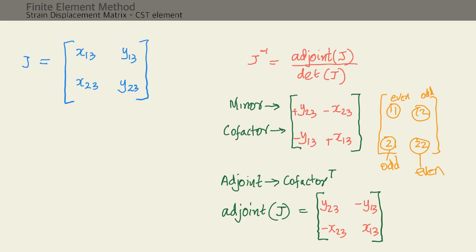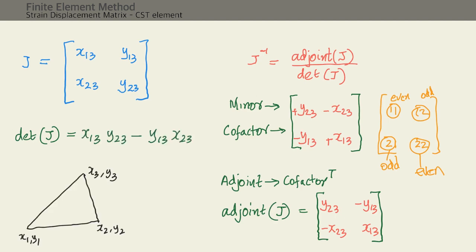Now you have to find the determinant of J. So determinant J is equal to, you take this diagonal, x13 into y23 minus y13 into x23. If you remember, x13 is x1 minus x3, where x1 is the x coordinate of the first node of the triangular element, and x3 is the x coordinate at node 3. If you evaluate this determinant, what you get is twice the triangle's area.